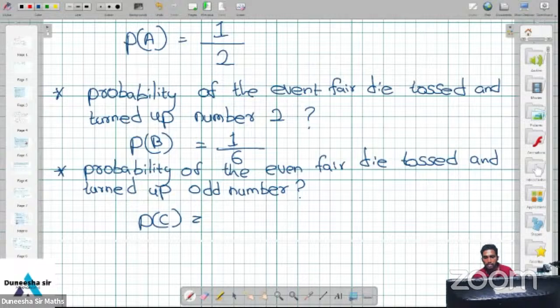Yes, 3/6. Can you simplify, Sakya? Three over six. 1/2. Okay. After you finish, raise hand. Yes, Sakya's answer is correct.